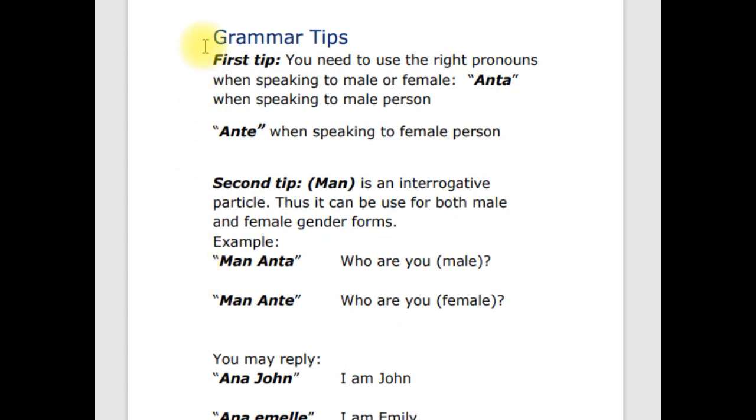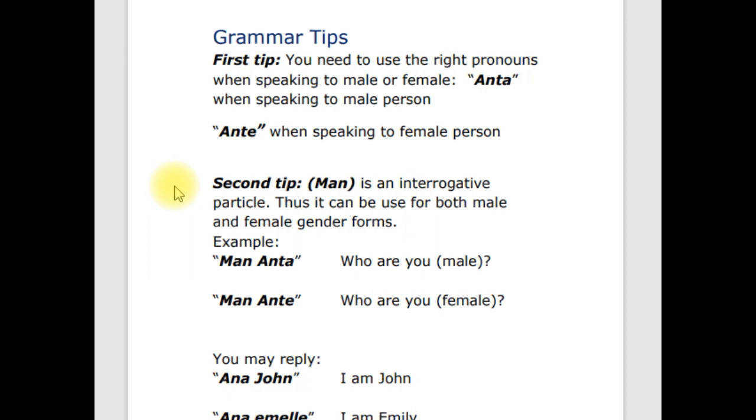Grammar tips. First tip, you need to use the right pronouns when speaking to a male or female. Anta when speaking to a male person, anti when speaking to a female person.